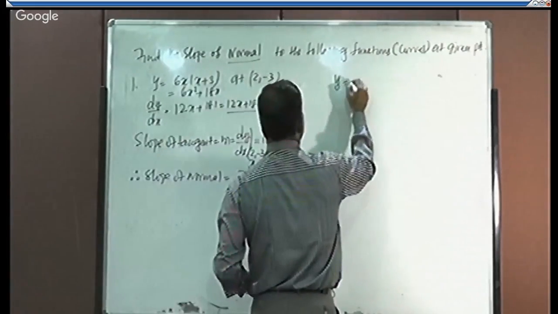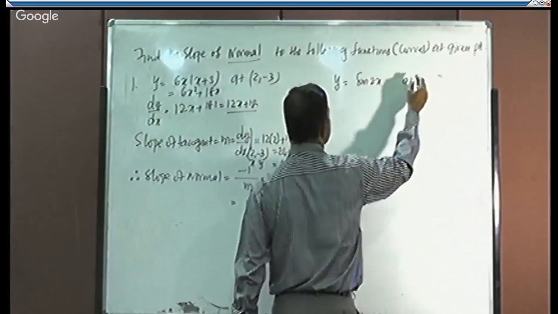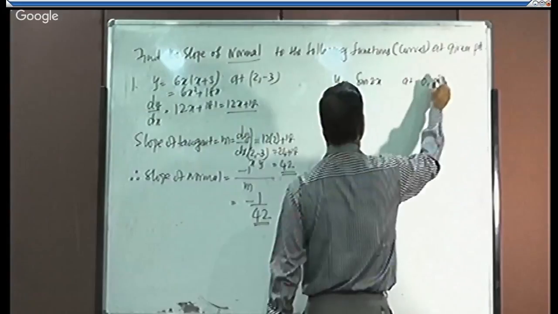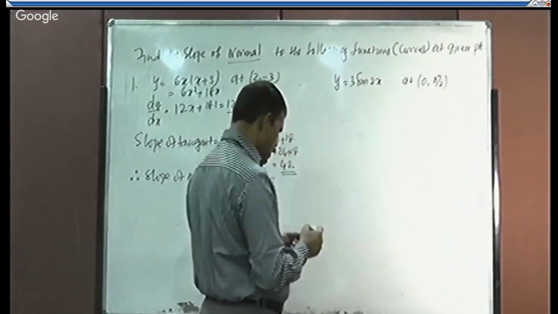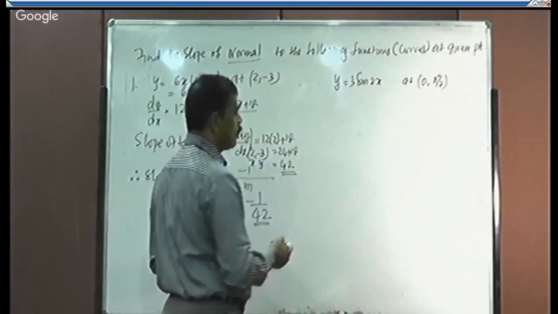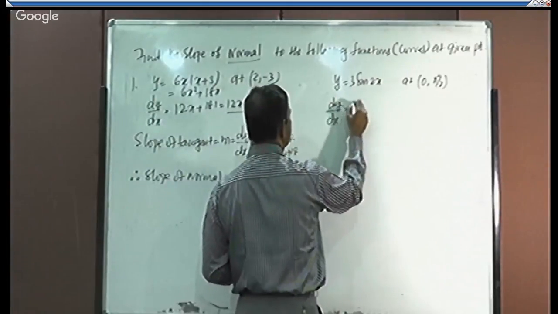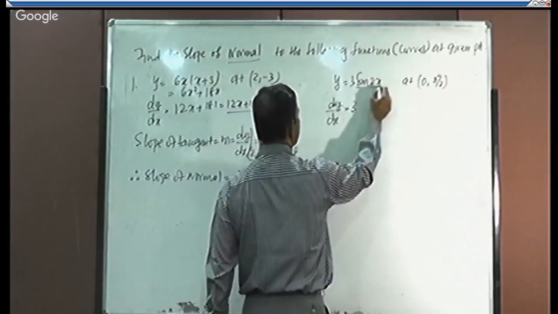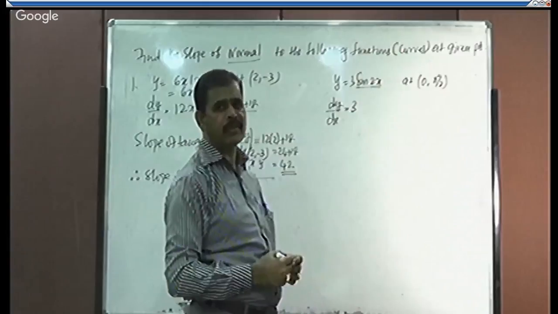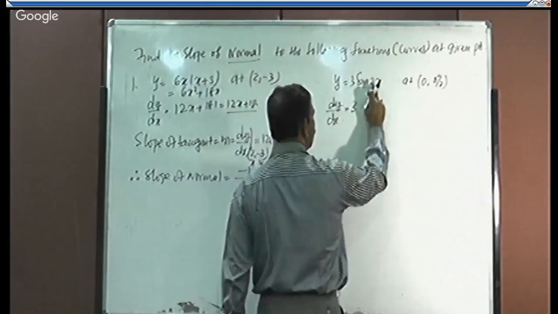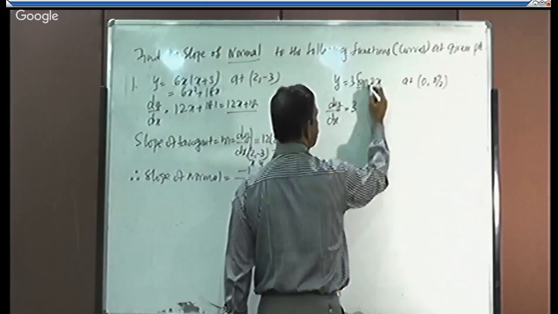y is equal to sine 2x at 0 comma 5 by 2, or you can take 3 into sine 2x. First differentiate it. dy by dx is equal to 3 into, it is a sine function. Sine x differentiation is cos x, but it is not in that form. It is a sine of a function, 2x.